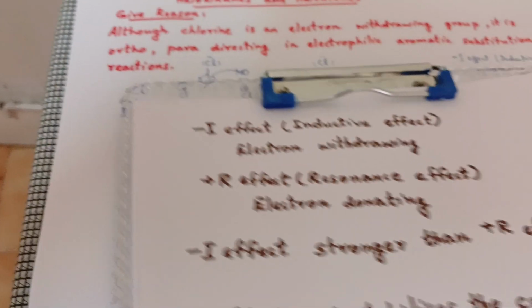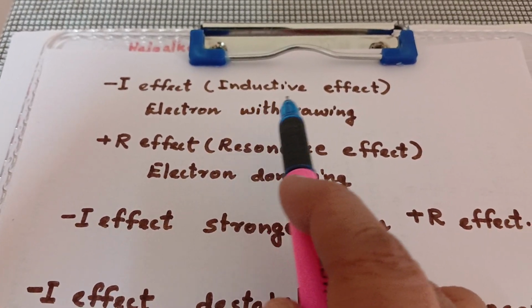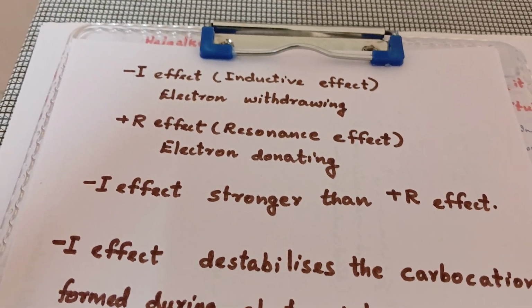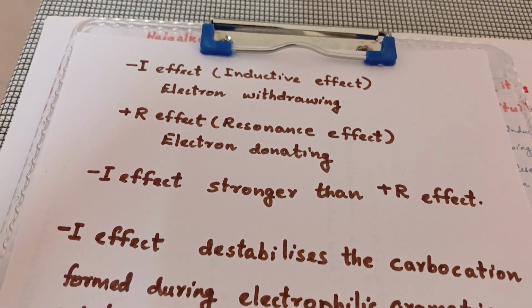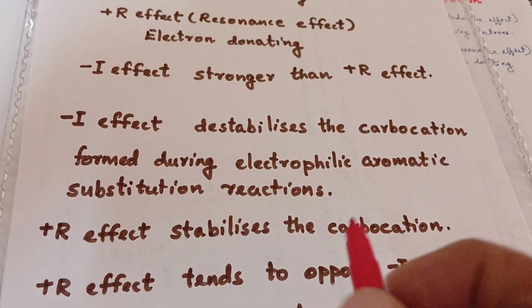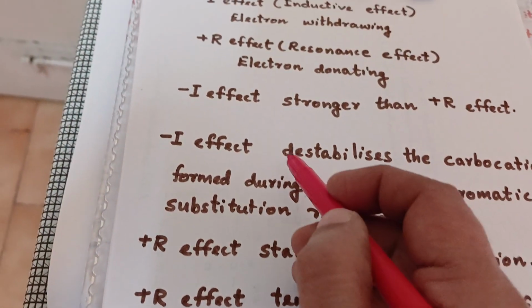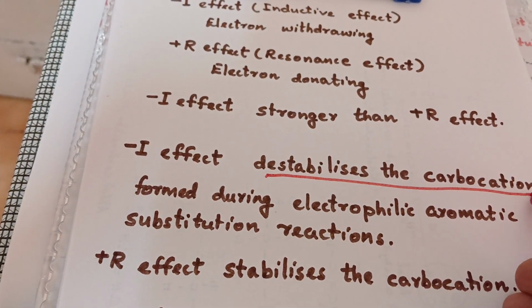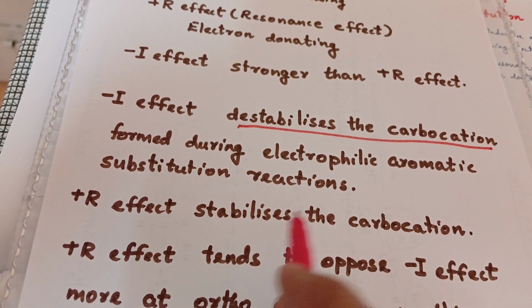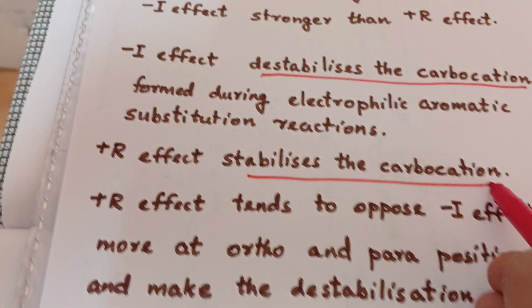If we just go through it once more, we have to consider minus I effect or inductive effect, which is electron withdrawing, and plus R effect or resonance effect, which is electron donating effect. Minus I effect is stronger than plus R effect. Then minus I effect destabilizes the carbocation formed during electrophilic aromatic substitution reactions, whereas plus R effect stabilizes the carbocation.